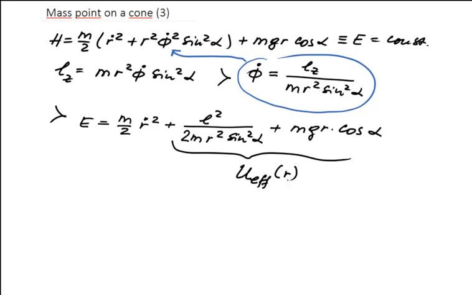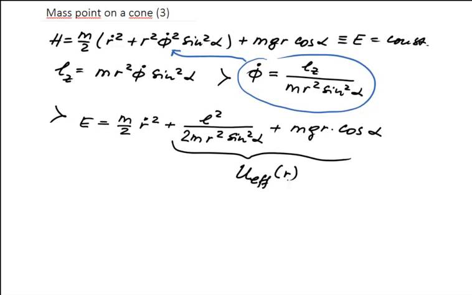We started out from the holonomic constraints. We had a two-dimensional problem, but then we found there are two conserved quantities, two conservation laws. Exploiting these conservation laws, we could write down an expression for the energy, which now depends on one coordinate only, namely r and r dot.